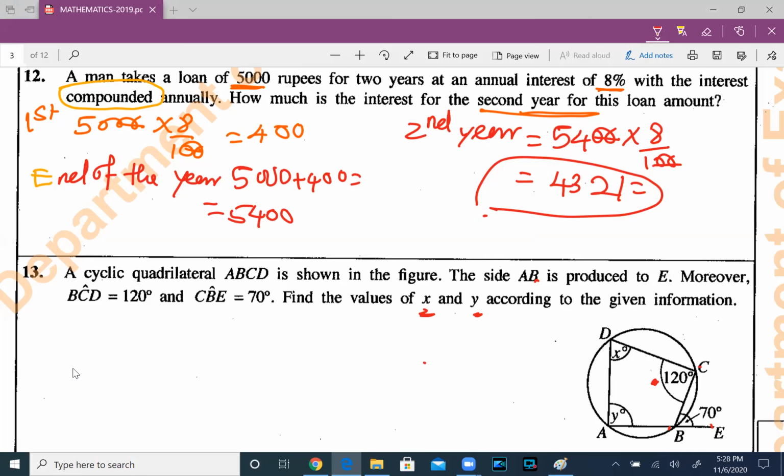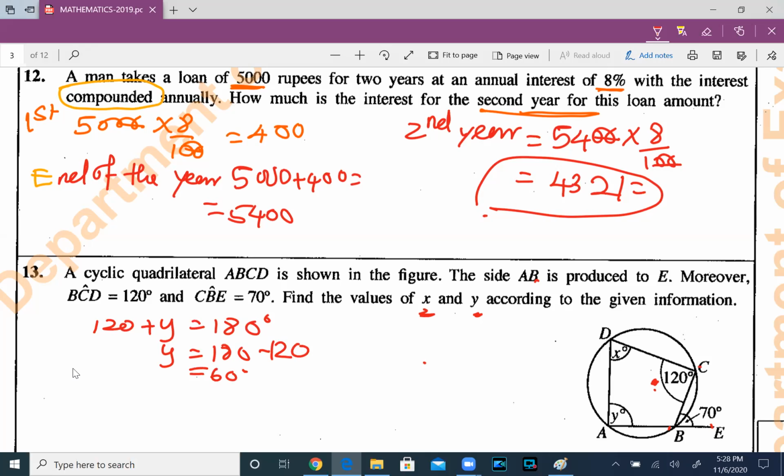Okay. So we know the opposite angles add up to 180. So if this is 120, then 120 plus y is equal to 180. So obviously y is going to be 180 minus 120, so it is 60 degrees.